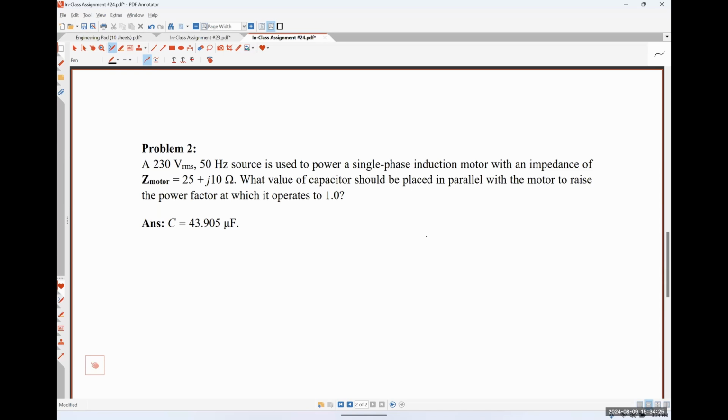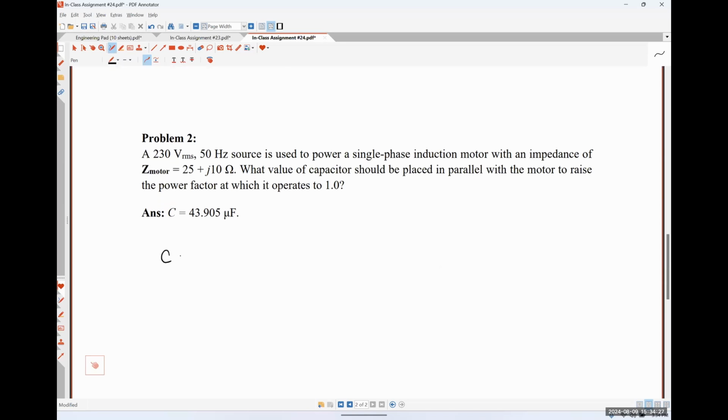So once again, our equation is C equals P old times the tangent of theta old minus the tangent of theta new, divided by the magnitude of the voltage drop across the capacitor squared times omega.